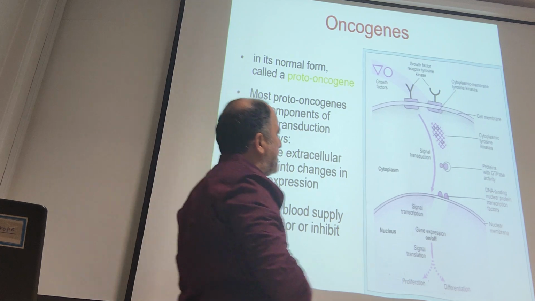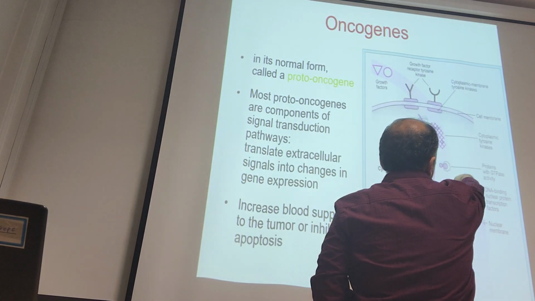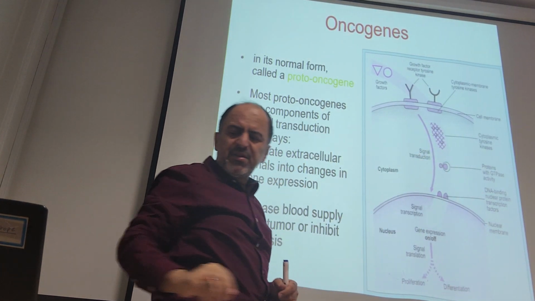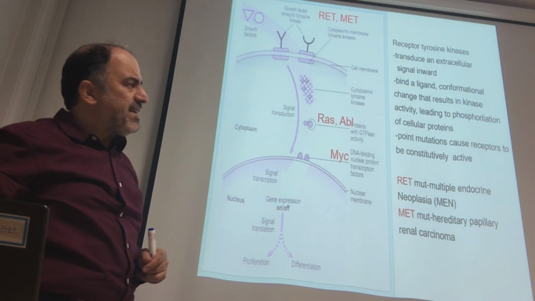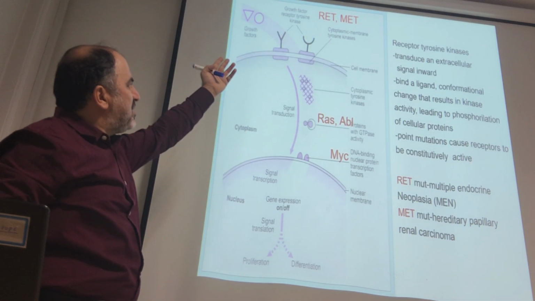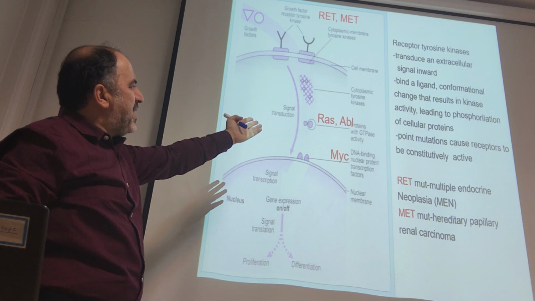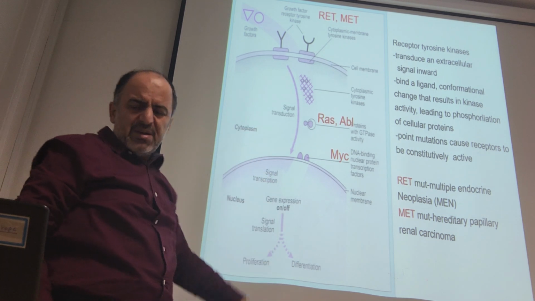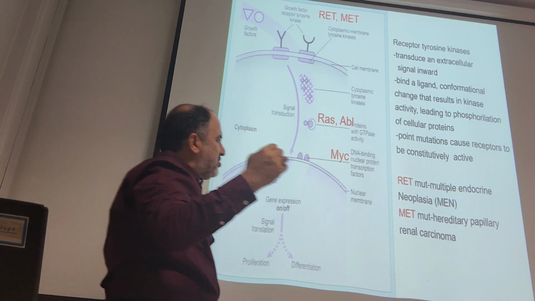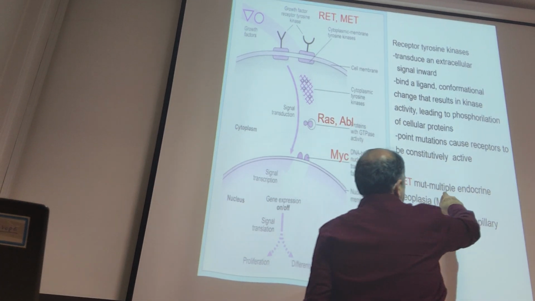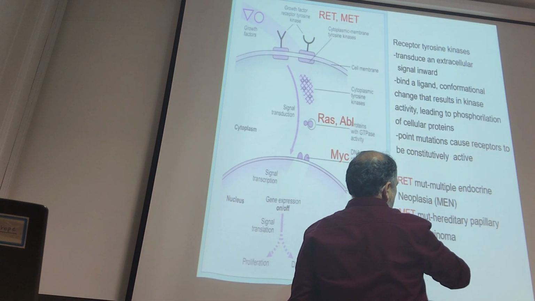And we do have several proto-oncogenes working here, and you will see them in red color. RET and MET in signal transduction at the surface, RAS and ABL inside, and MYC in the receptor of the nucleus as well. RET gene mutation is responsible for multiple endocrine neoplasia.